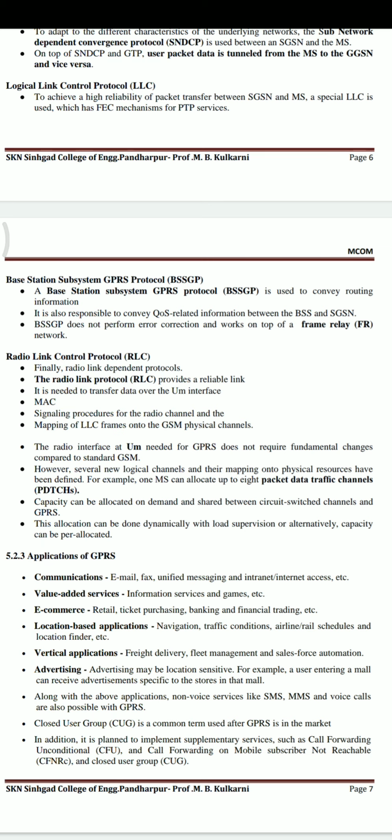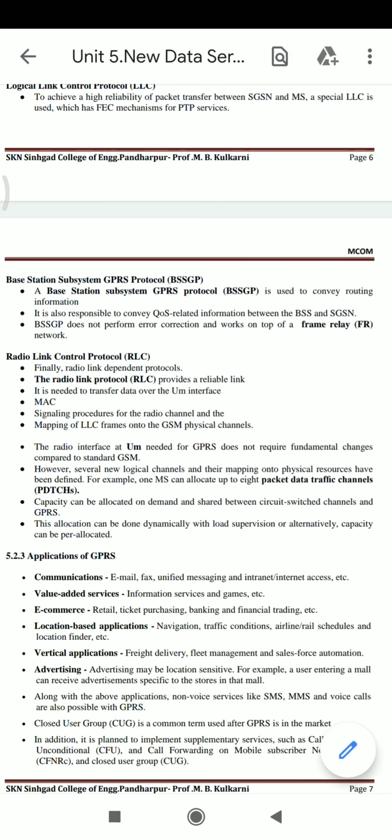This is the additional mechanism used as compared to the GSM system, that is, up to 8 time slots can be allocated as traffic channels for the transmission. Those traffic channels are called packet data traffic channels.